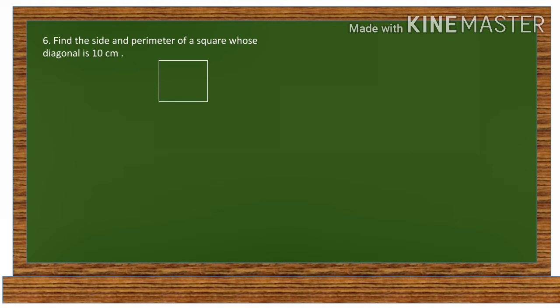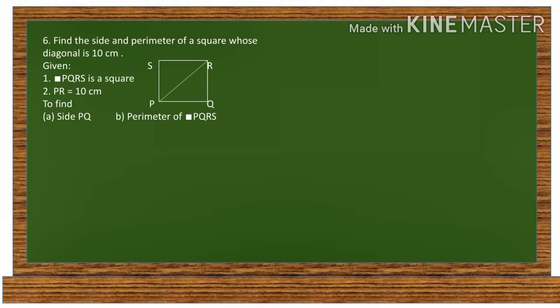So draw a square and its diagonal. This is square PQRS. Given: quadrilateral PQRS is a square, and diagonal PR is equal to 10 cm. We have to find side PQ and the perimeter of quadrilateral PQRS.